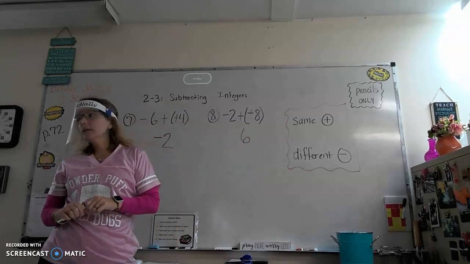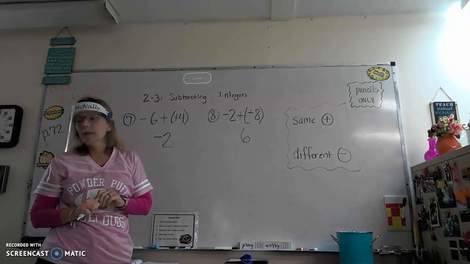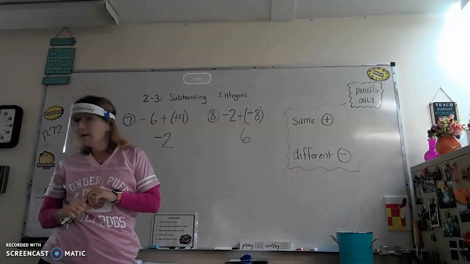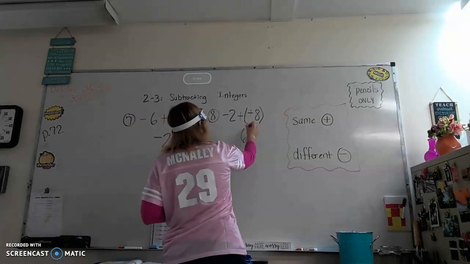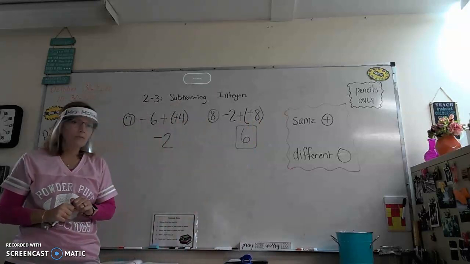And the answer takes the sign of the bigger number. What number is bigger, Owen? 8. So is 8 positive or negative? Positive. So my answer for this one is going to be positive because the bigger number was positive.